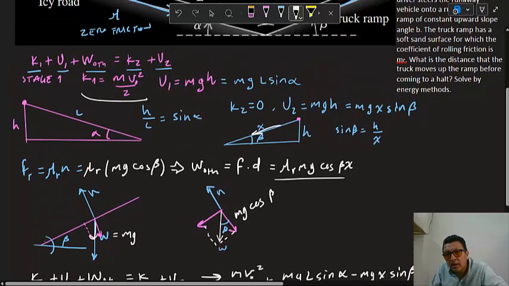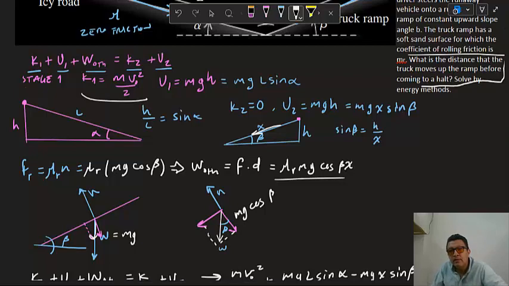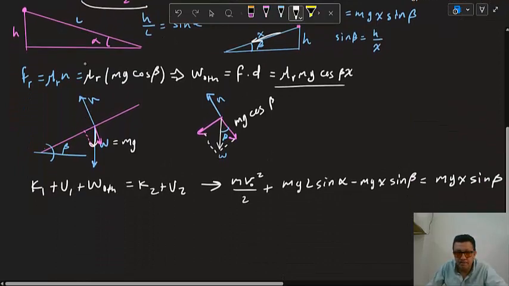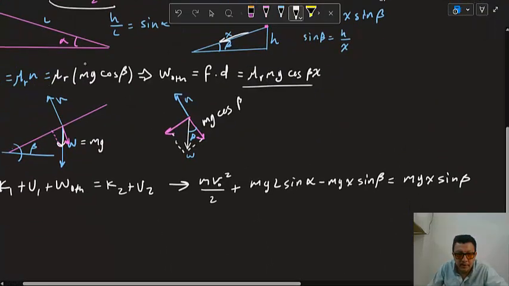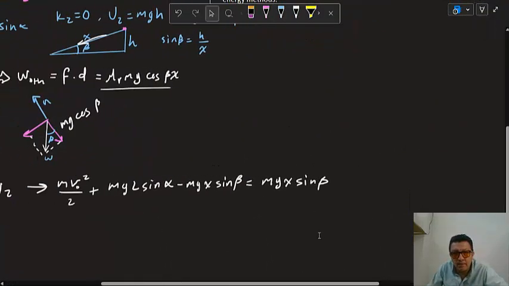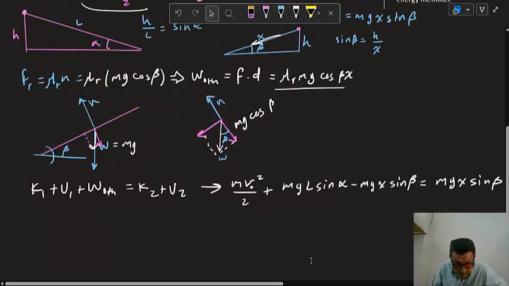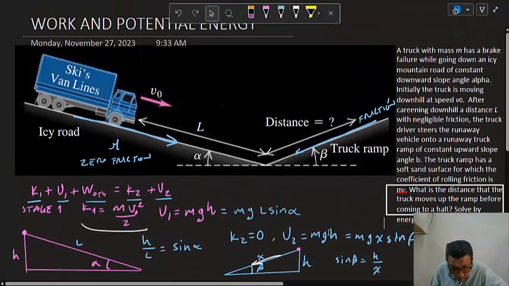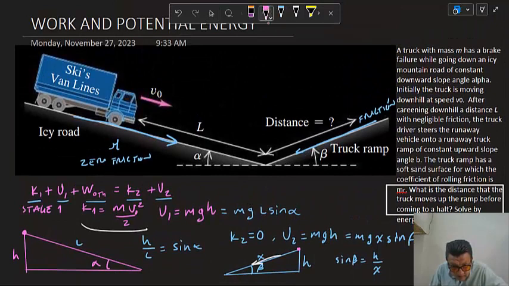What was the question? What is the distance the truck moves up the ramp before coming to a halt? Now this means this distance, the final distance, x.